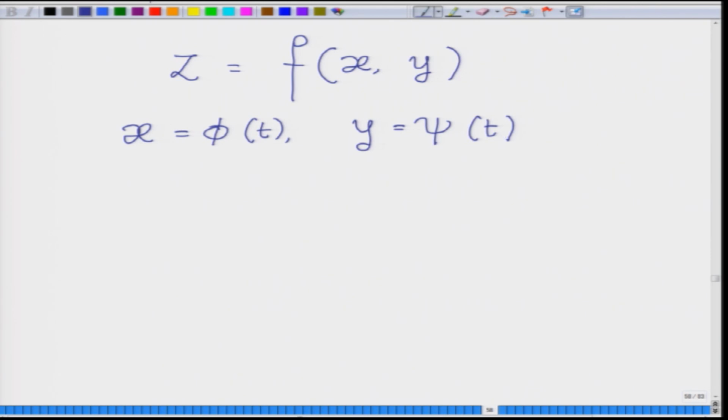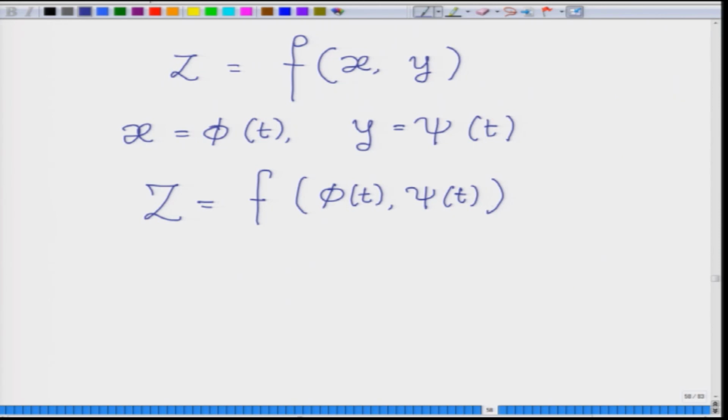Now, if you look at this, you ultimately know that z can be expressed as a function of one real variable, because I can write z as a function of phi t and psi t. So, this is finally a function of t. How?